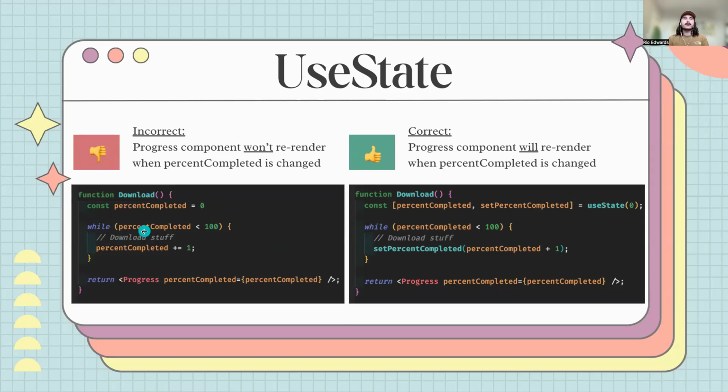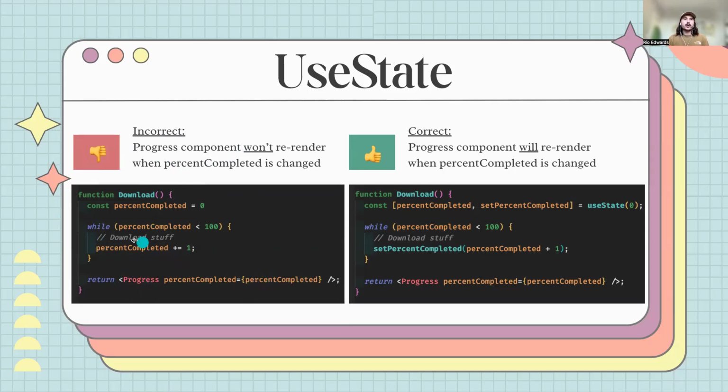So the one on the left, it will work. You won't get an error or anything. React is fine with this, but it won't re-render this progress component whenever percent completed changes. The progress component will be loaded onto your DOM with a value of 0 because percent completed starts as 0.